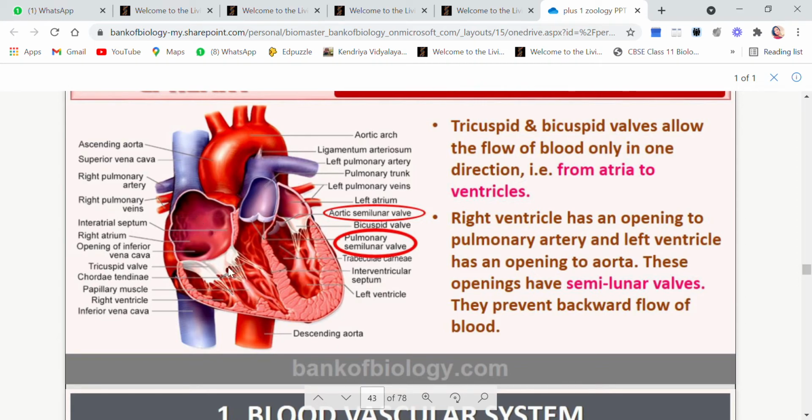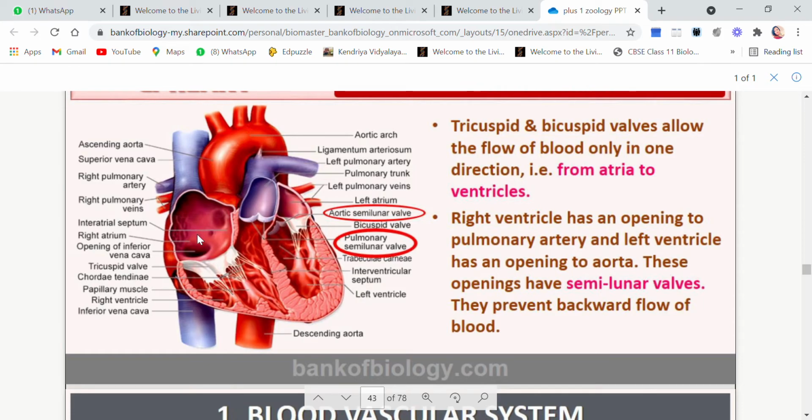One direction or unidirection, as the blood from auricles will pass through these valves and enter the ventricle, and when the ventricles are filled up, the flaps of the valve will close the valve and will prevent the backflow of the blood into the auricles.